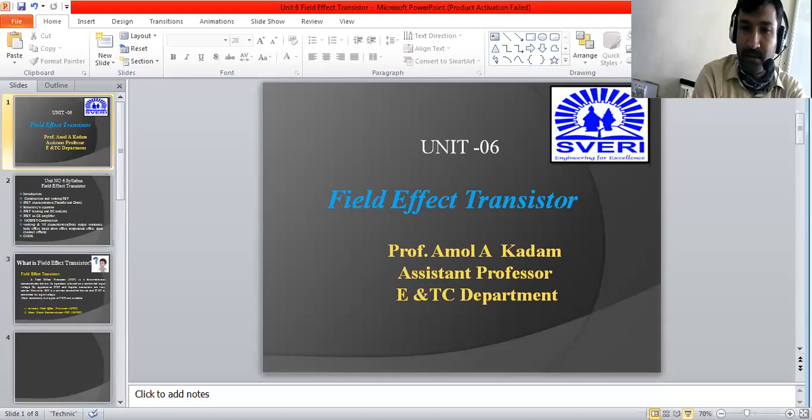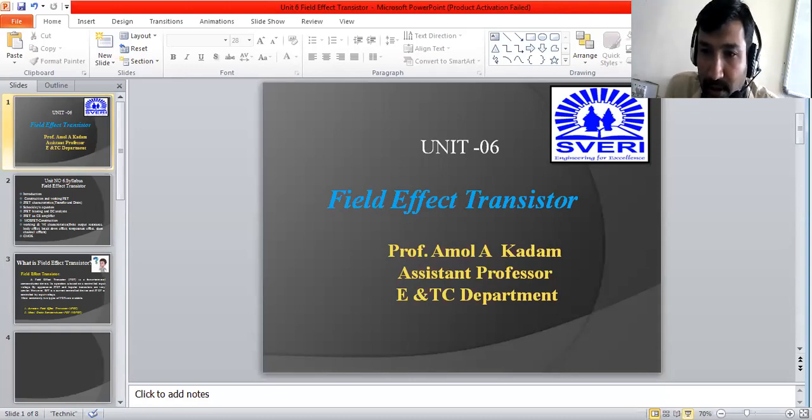Simple circuitry. Okay. Advantages of class C amplifier: low cost. Okay. High efficiency. Okay.